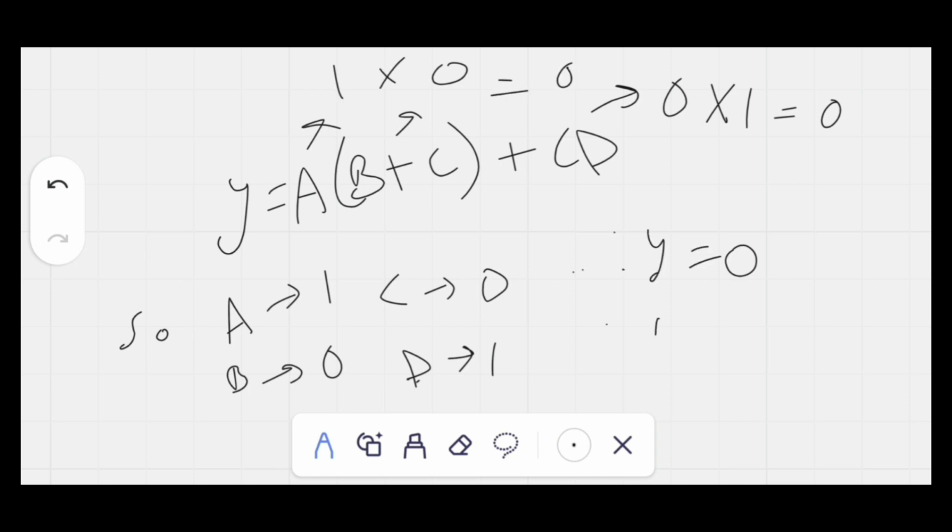If we give A and D as high, the output is 0 and the light will be off.